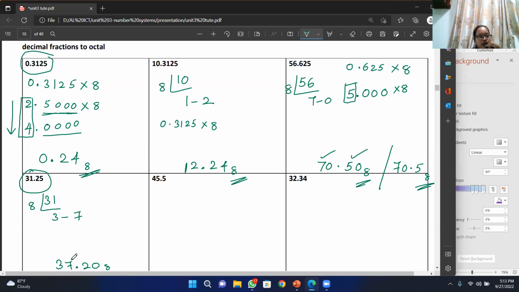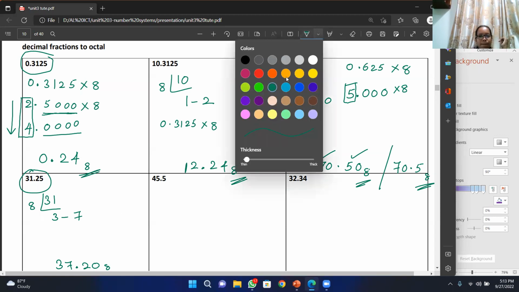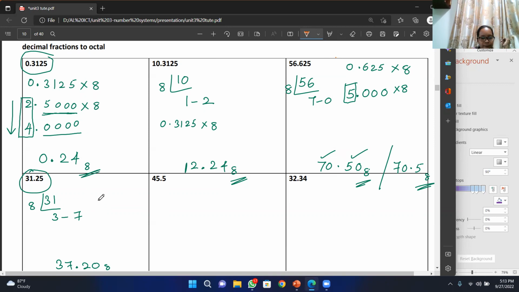Yes, 37. Now the fraction part, multiply by 8. So only 2 here. Yes. Here 37 and here only 2. So 37.2.